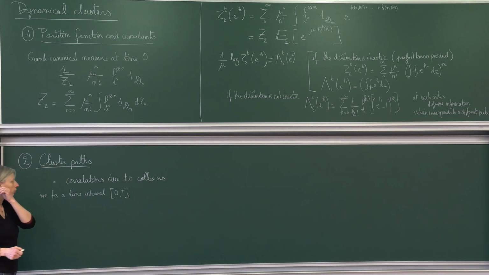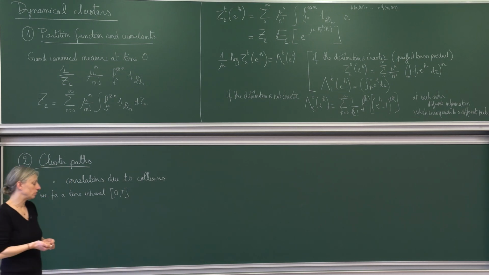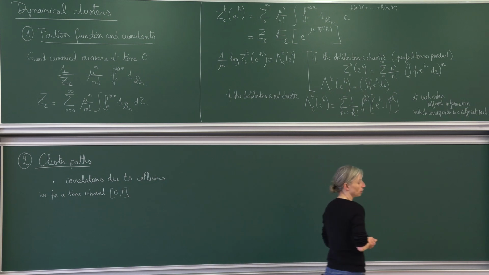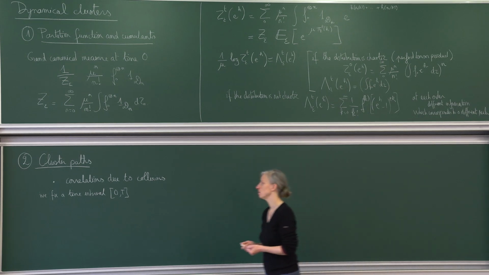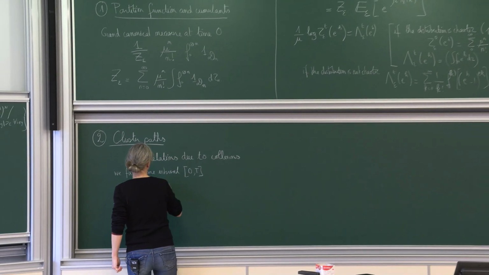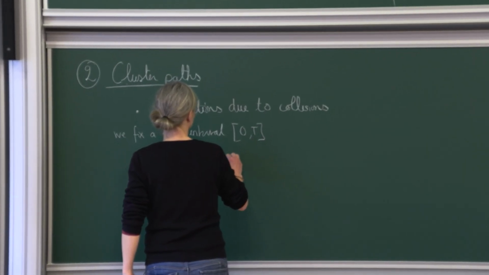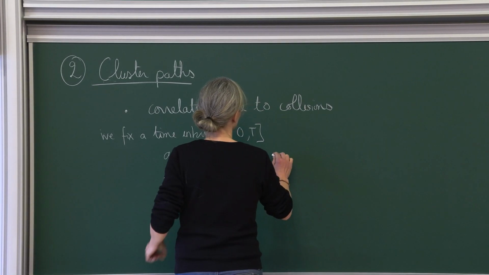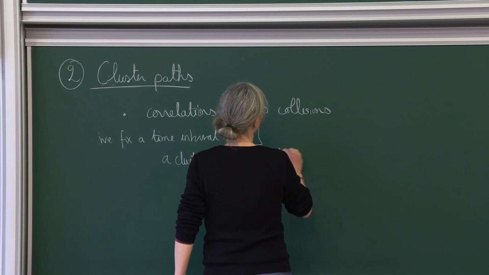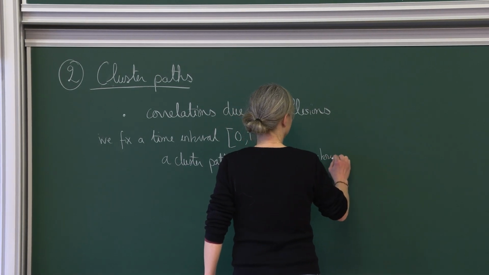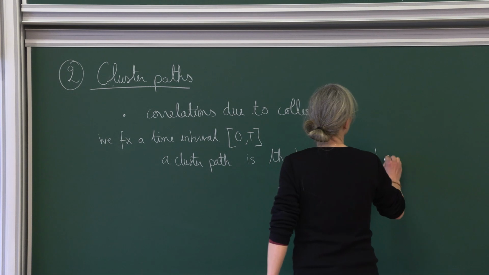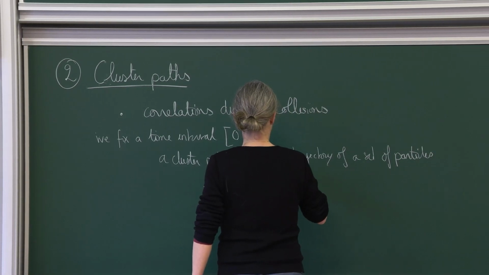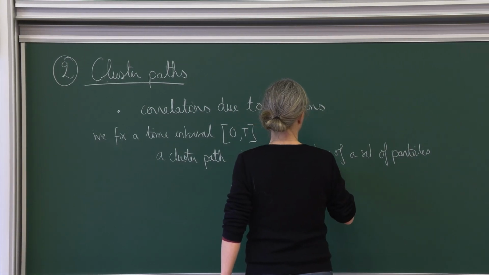What I will call a cluster path is just a set of particles which are all connected via collisions. A cluster path is the trajectory of a set of particles which are all connected by collisions.